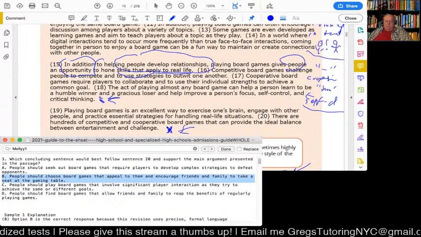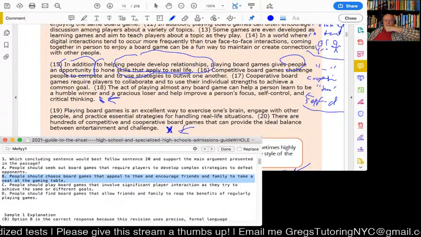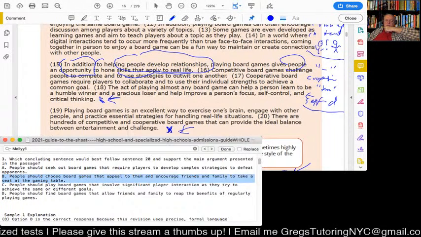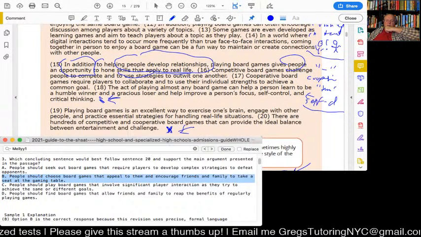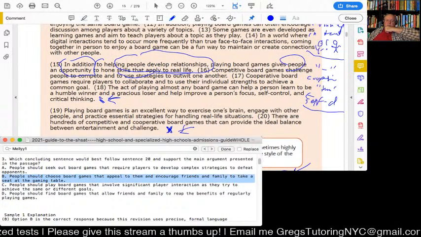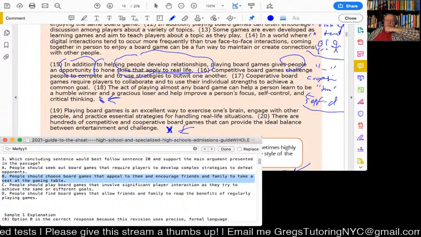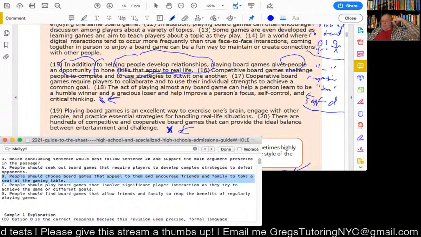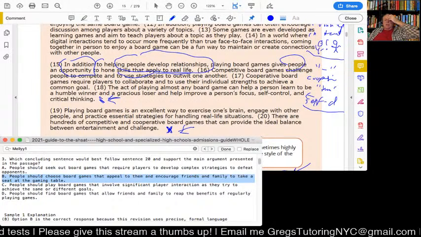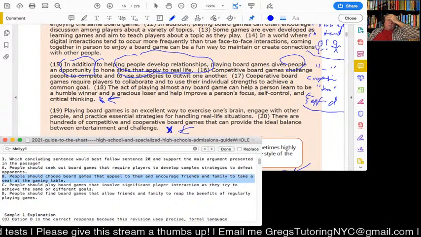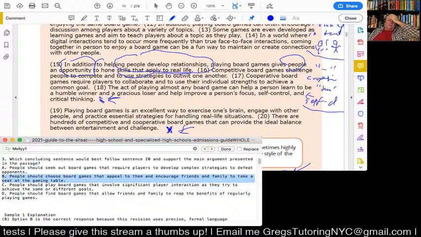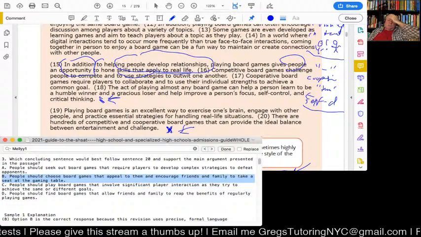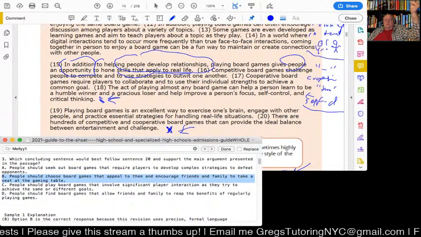So B: people should choose board games that appeal to them and encourage friends and family to take a seat at a gaming table, versus D: people should find board games that allow friends and families to reap the benefits of regularly playing games. So is the author trying to say that it should be a choice you're making that you involve other people in, which I think is what B is trying to say? Or is it just that you should be doing this for reaping benefits?